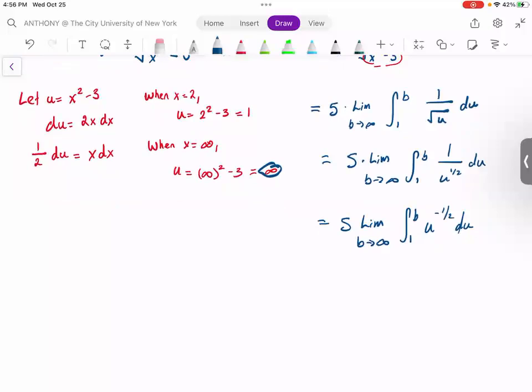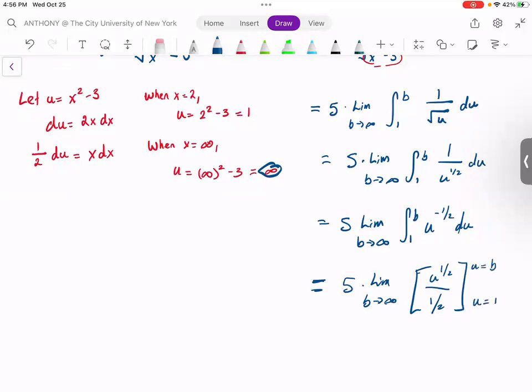Well, u to the negative 1/2, when you integrate it, it's just u to the 1/2 over 1/2. All right, just rewriting this. So this is from when u is equal to 1 to u equals b.